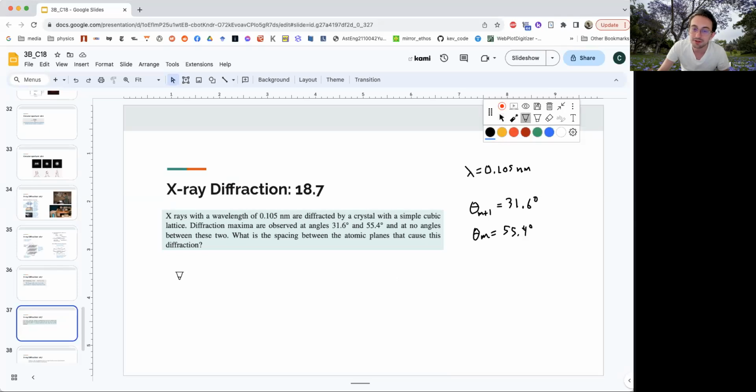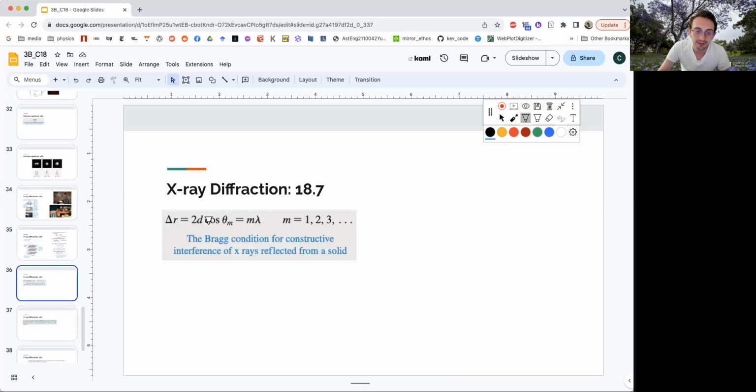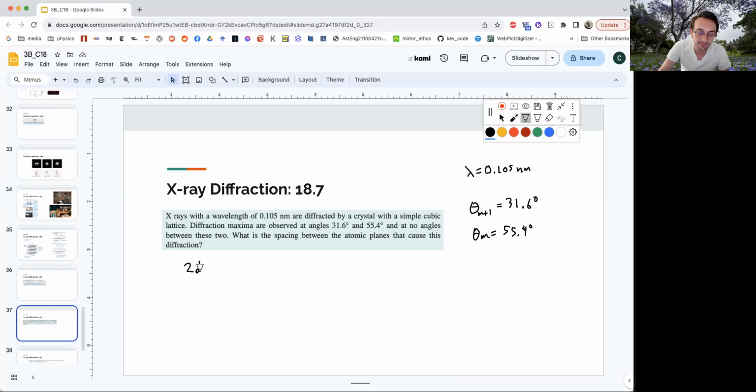Now we don't know anything else about this problem really, but we do know this Bragg condition. We know that 2d cosine theta m equals m lambda. Since the d and the lambda are going to be the same for both of these situations, we can make this into a proportionality condition.